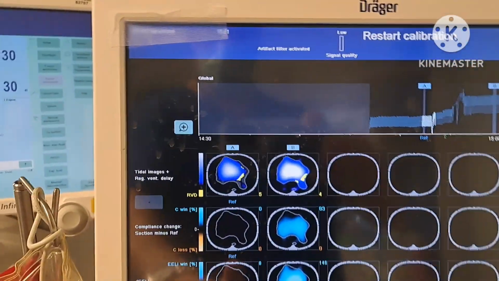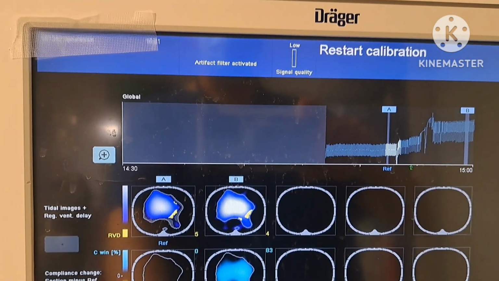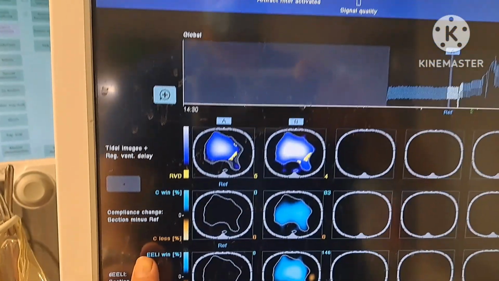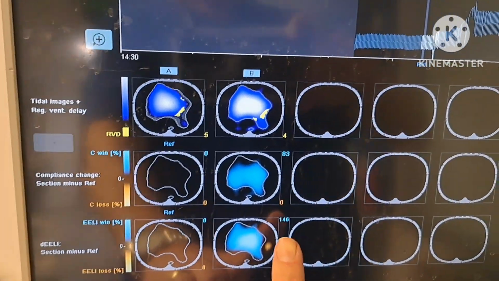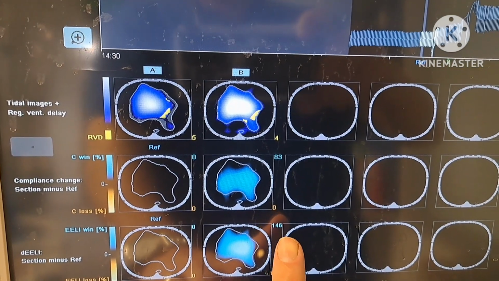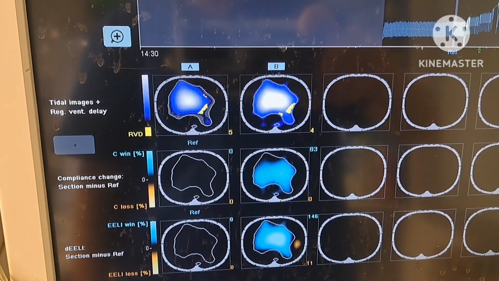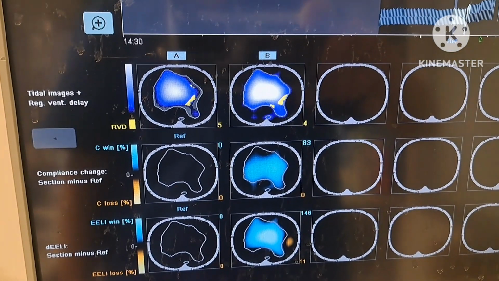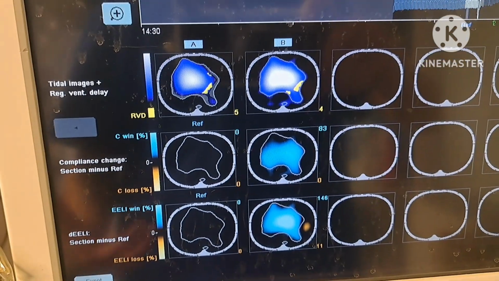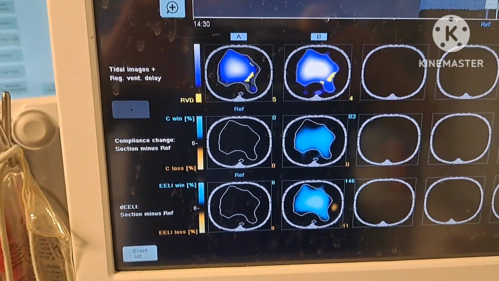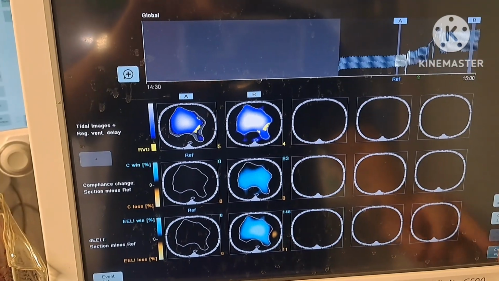So over here, we're comparing the previous mode to Aprv, and we see here that the end expiratory lung impedance percentage is a gain of 146%. So we have 1.5 times more end expiratory lung volume. We've recovered functional residual capacity, which is good. There's no losses really anywhere. So I'm going to create a report here.